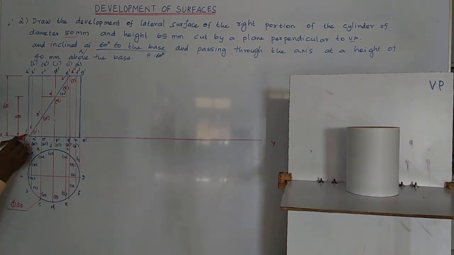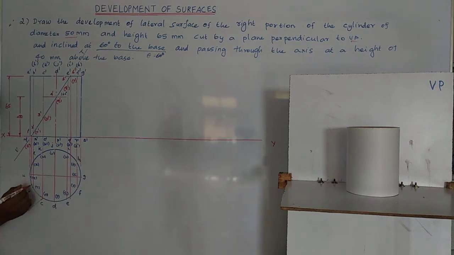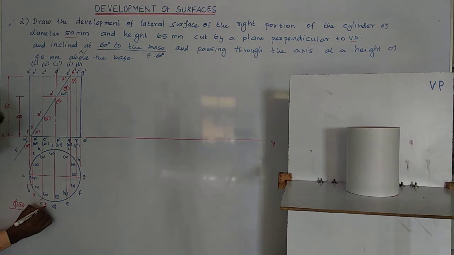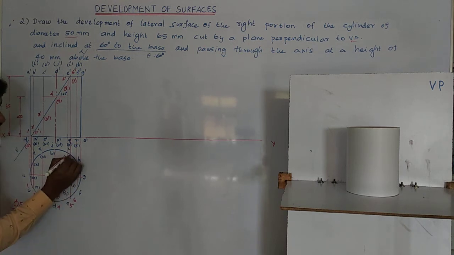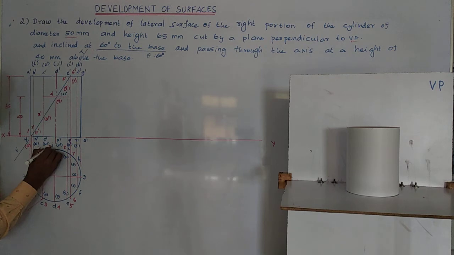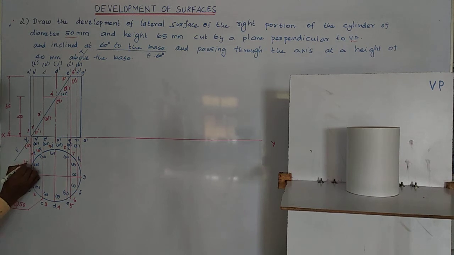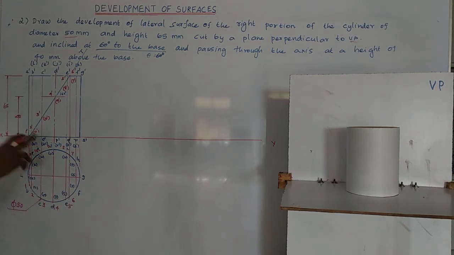So this point is 1, 2, 3, 4, 5. This is 6. So this point is 7, 8, 9, 10, 11, finally 12. So we have 12 points. In the top we also mark the 12 points.